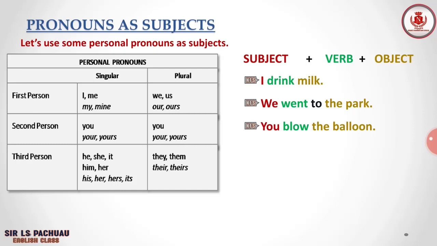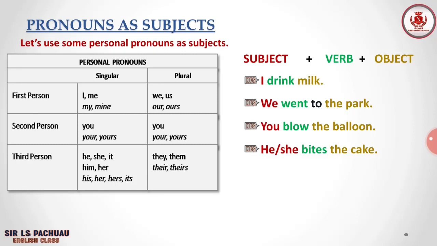The balloon is the object. You is the doer, and blow is something that the doer does, and the balloon is the object or the receiver of the action.